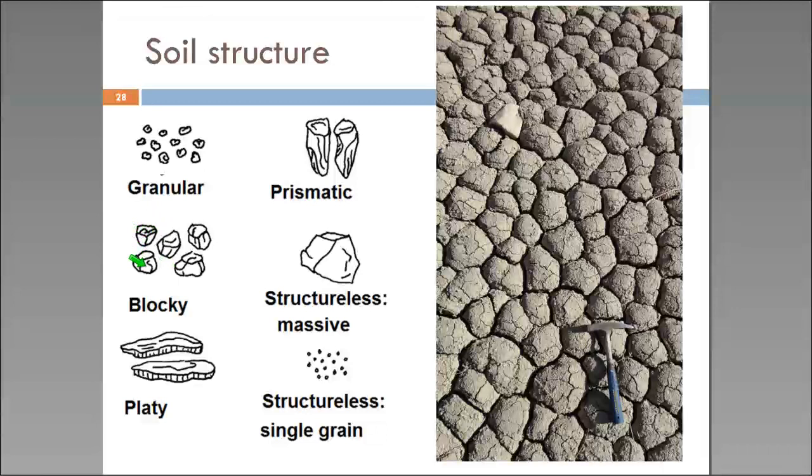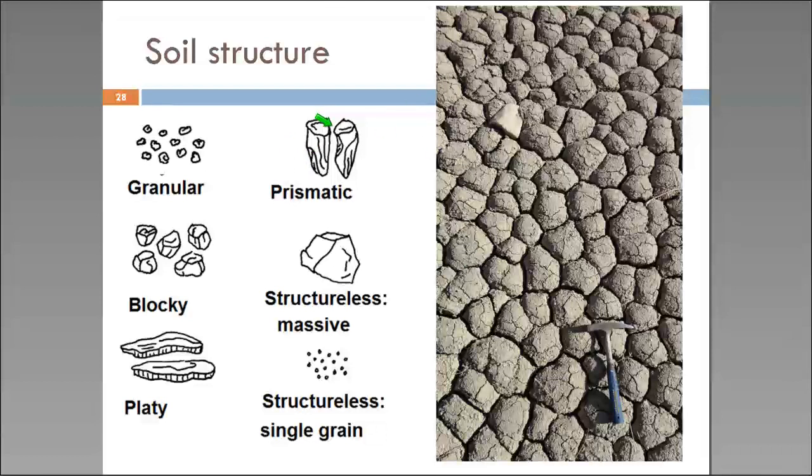Blocky structure tends to be adequate, but the peds, or the clumps of soil, typically are a little bit larger, which means our pore space is a little bit less, our space to accommodate air and water. Platy structure, it's very difficult, as you can imagine, for water to infiltrate a platy soil, especially to infiltrate very deeply, just because the pathway is very circuitous or tortuous.